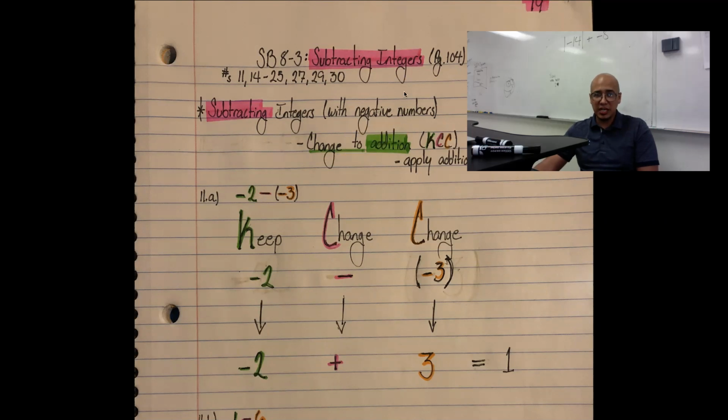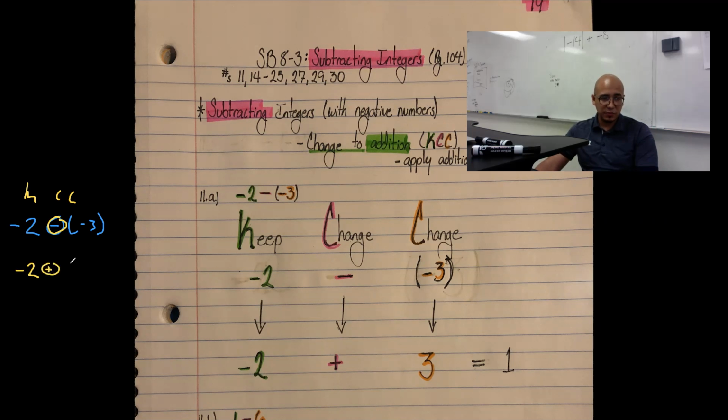Look at this other example that is very similar to the one that we just saw, but it's still different. Negative 2 minus negative 3. Again, notice how we are not adding. That is not addition. So I'm not going to mess with that. I'm going to use keep, change, just like I'm doing over here. We're going to keep the negative 2, change the subtraction to addition. So that's good.